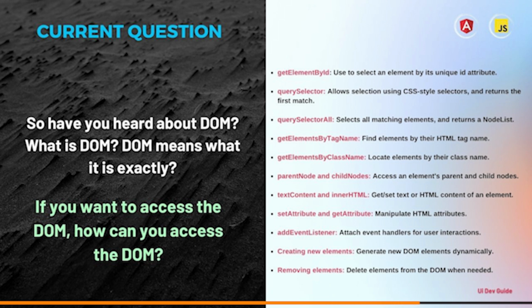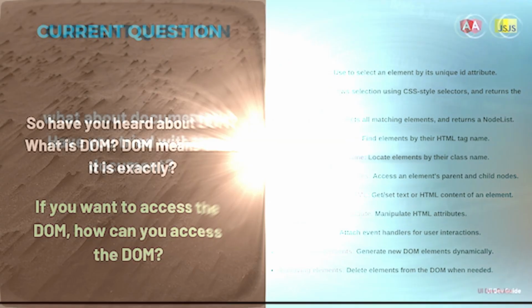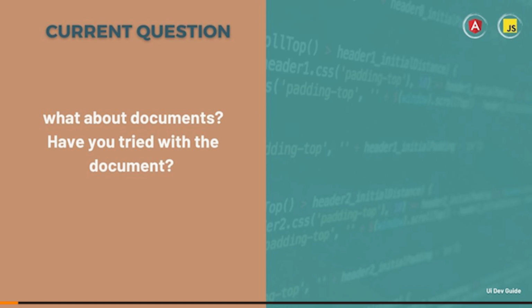We have an object called window. And what about document? Have you tried with the document? We used to get the element with the reference of ID and class, so that is document.getElementById, getElementsByClassName, these kinds of things.